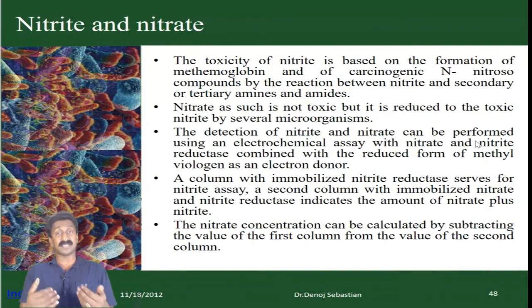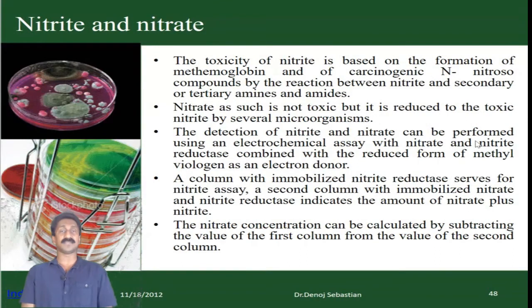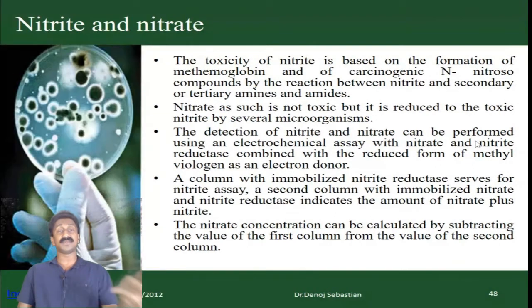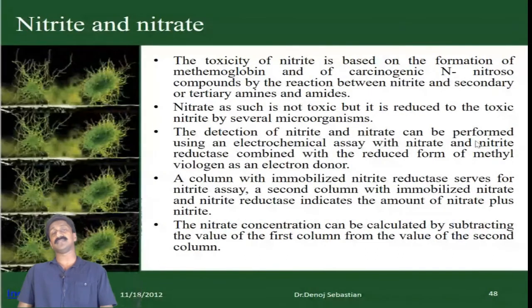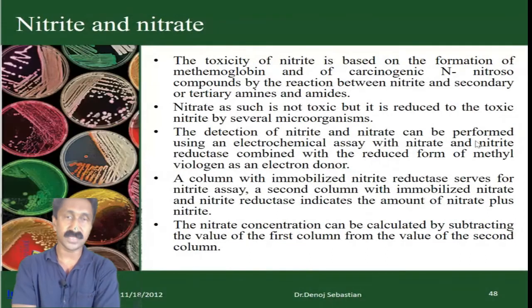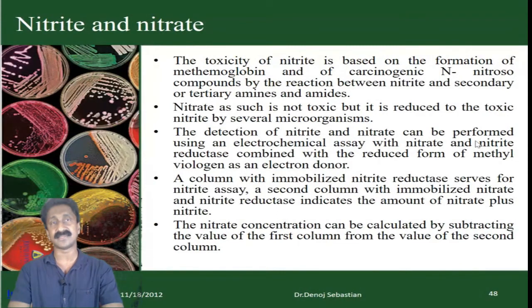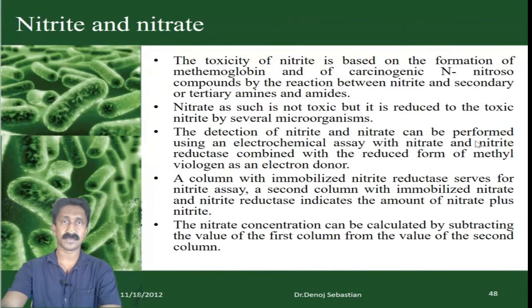And if you want to assay the quantity of the nitrate that is present, then you will use both the columns, and then finally you will subtract the actual quantity of the initial nitrite which is present in the system, which is detected through the nitrite reduction column. So that's how the quantity of the nitrate is actually detected using these biosensors.